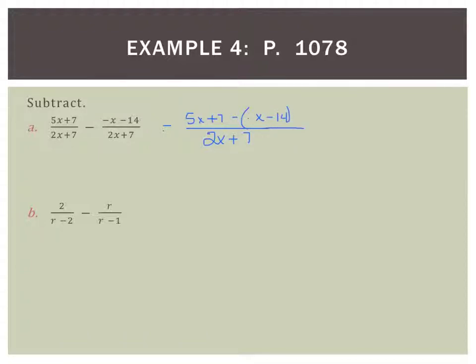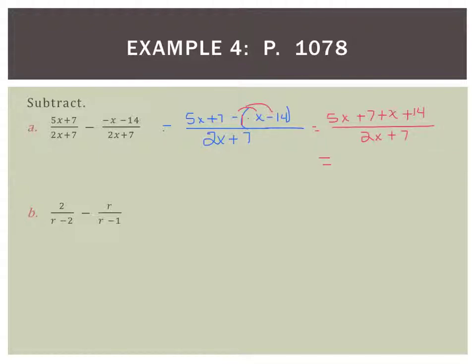So I need to put that in parentheses because I'm subtracting the whole thing. So I need to remember to make that minus as a negative 1 and distribute that. So this is going to become 5x plus 7 plus x plus 14 over 2x plus 7.